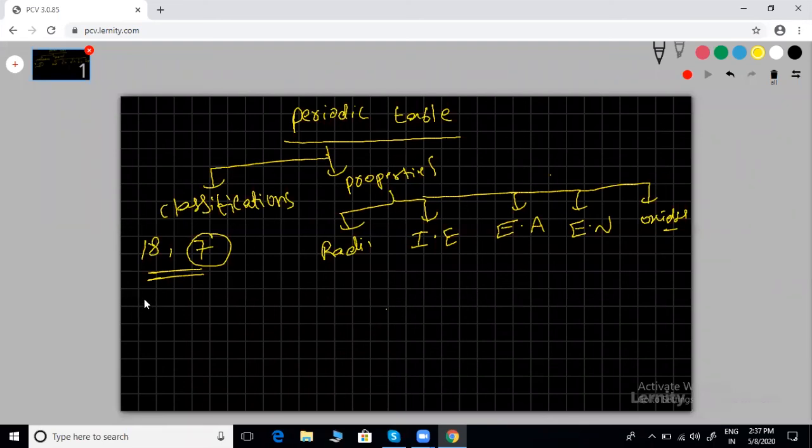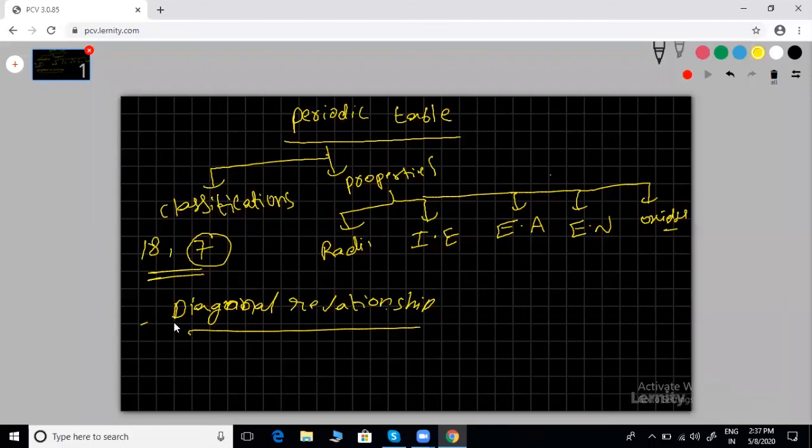Second, what is the diagonal relationship? Anything you remember? Diagonal relationship. I think you know, second period elements show a diagonal relationship with third period elements.